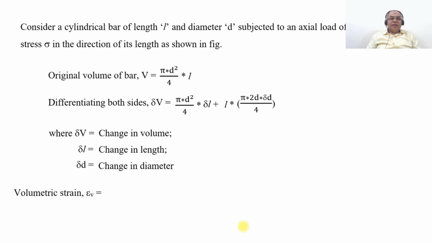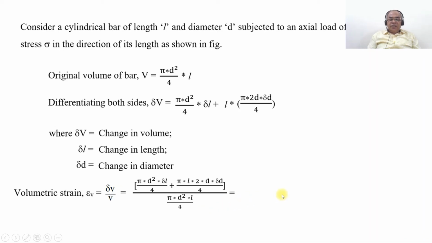Therefore, the volumetric strain epsilon V will be equal to delta V by V. So you substitute the value of delta V as pi D square by 4 into delta L plus pi into L into 2D into delta D by 4, and the whole thing is divided by pi D square by 4 into L. Dividing each term by the denominator, that is delta L by L plus 2 into delta D by D. Epsilon y is equal to epsilon z in this case, which is delta D by D, because you have the diameter, so y and z will be equal.